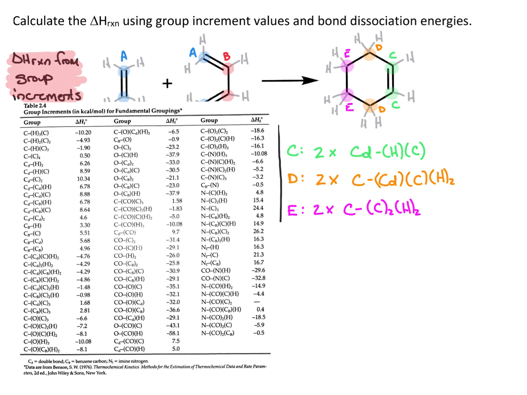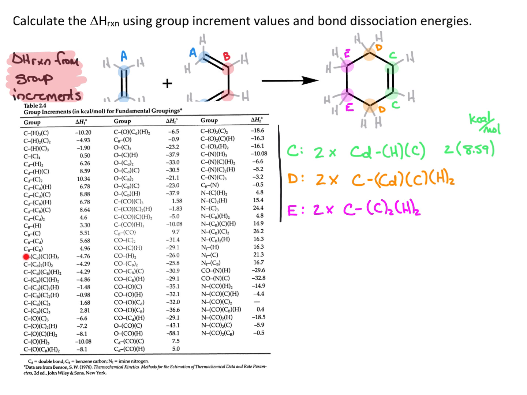Okay, let's find type C. We have carbon double bonded to H and C. Right here, 8.59. So I'll do 2 times 8.59, and all these are kcals per mole. All right, let's find D. It's just a regular carbon bonded to a carbon double, C and H2. All right, we have to go down our list a bit.